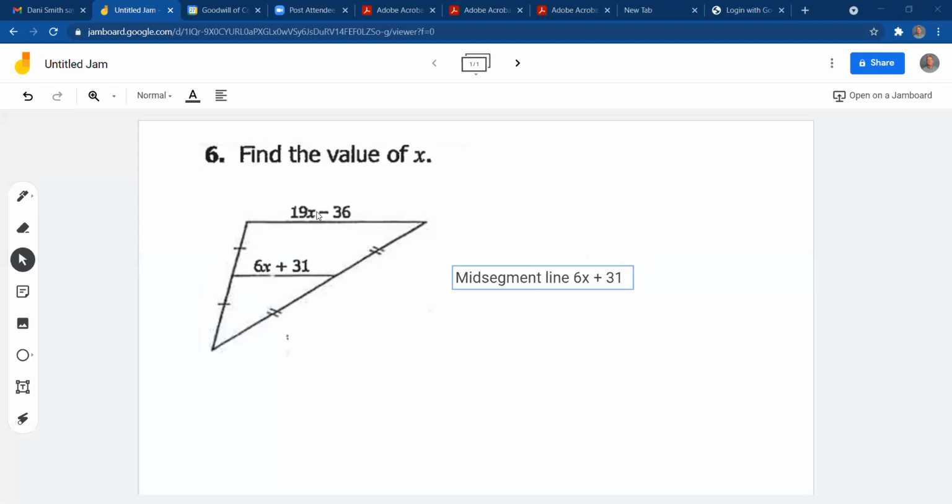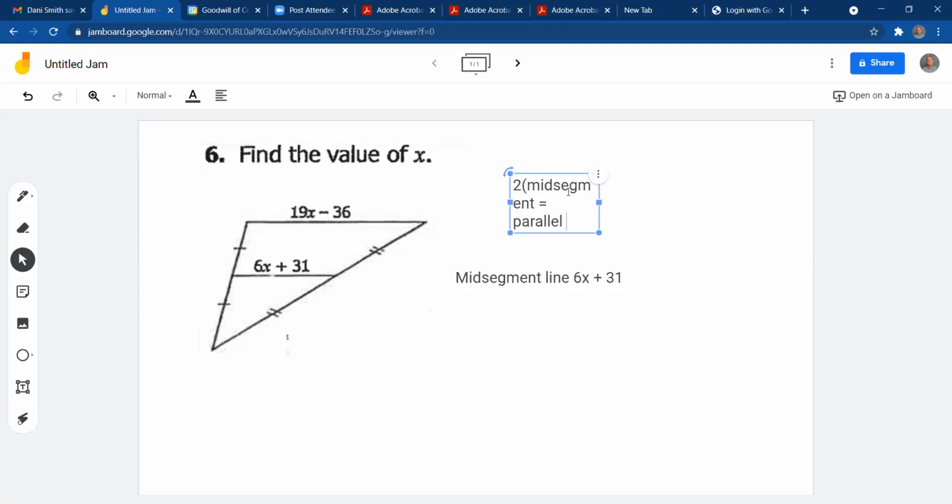So the top line of the triangle is twice as long as this one, because that's what the formula says. 2 times the mid segment equals the line that it's parallel to.